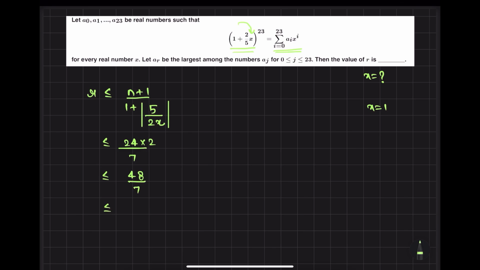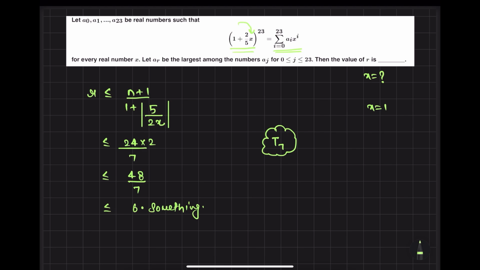Okay, so here can I write 6 point something, correct? So what will be the value of r? r will take 6, smaller than 6 point something. r is a whole number, no? So r will take 6. So if r is 6, don't you think that term 7 will be the greatest?